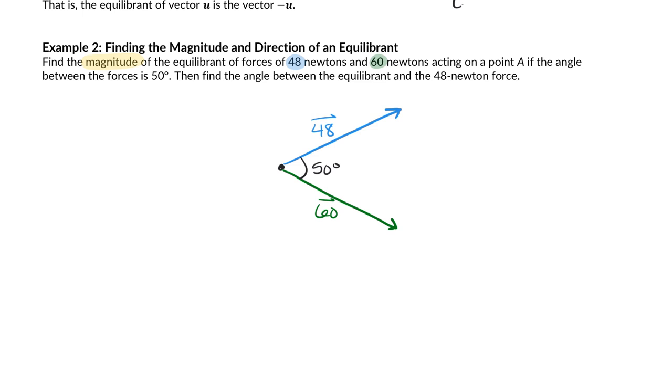We're going to find the magnitude of the equilibriant, which means we do need that resultant vector, but more so, we need the magnitude of the opposite vector from that one. But what's nice is that since they are equilibriants, the magnitudes are going to be the same. The direction's going to be opposite, but the magnitude would be the same.